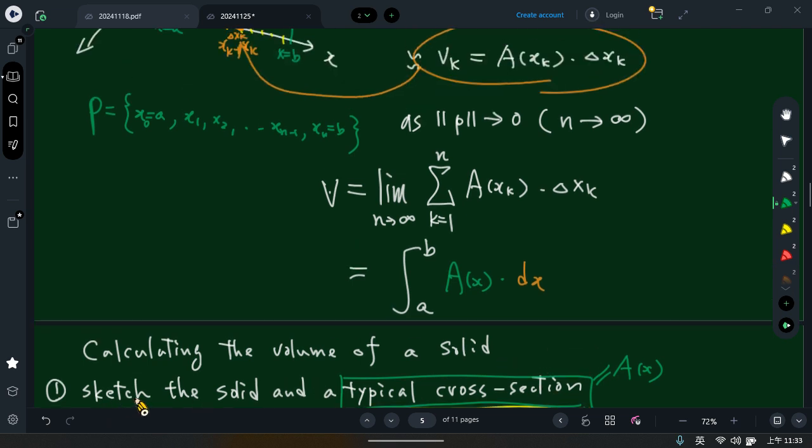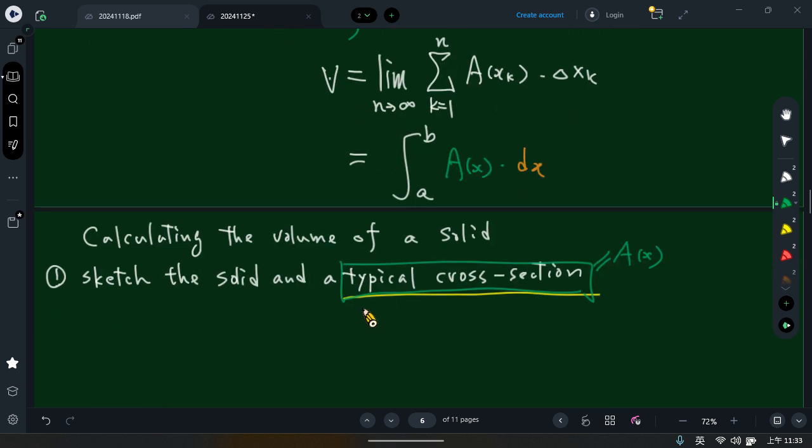How can you just sketch the solid and then try to get the typical cross section first? Then the second step is just find the formula for this A of x.